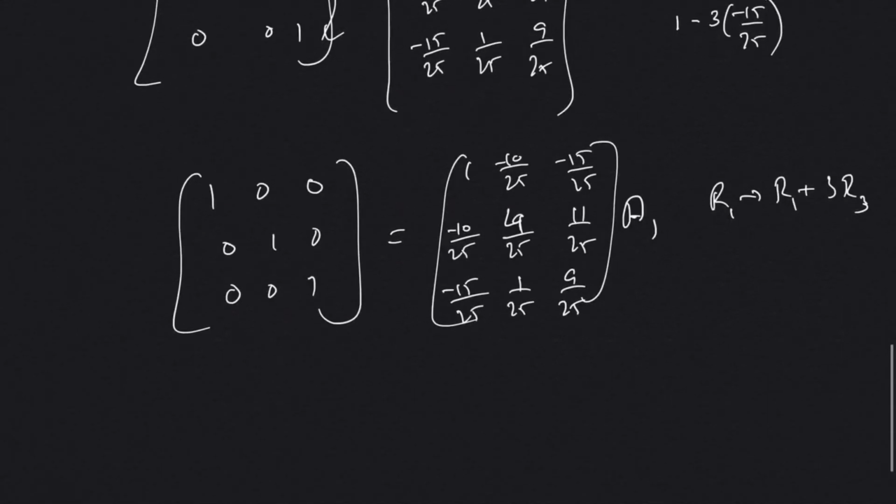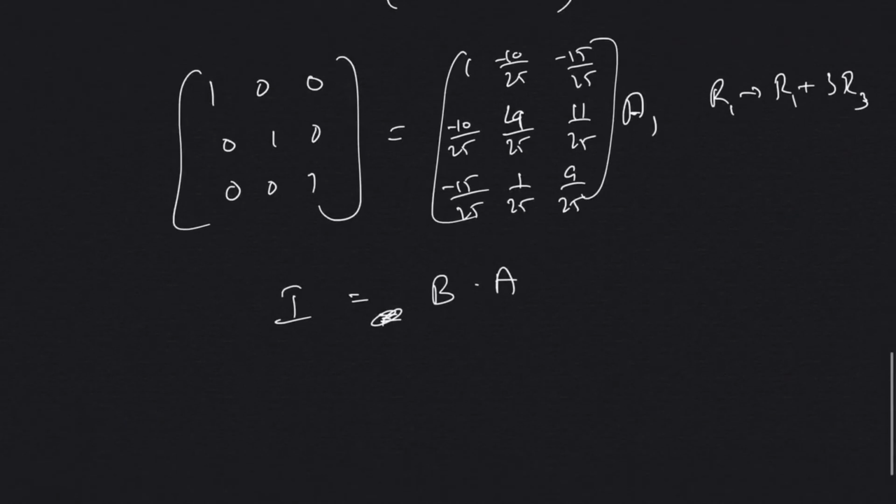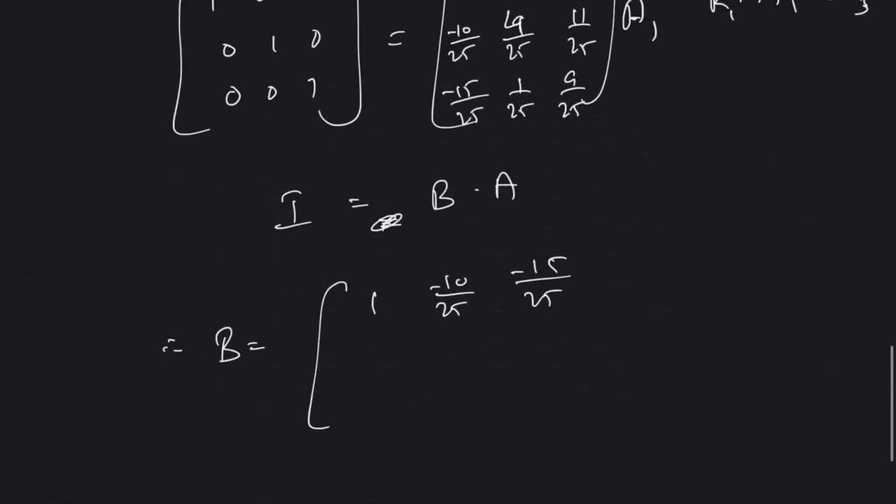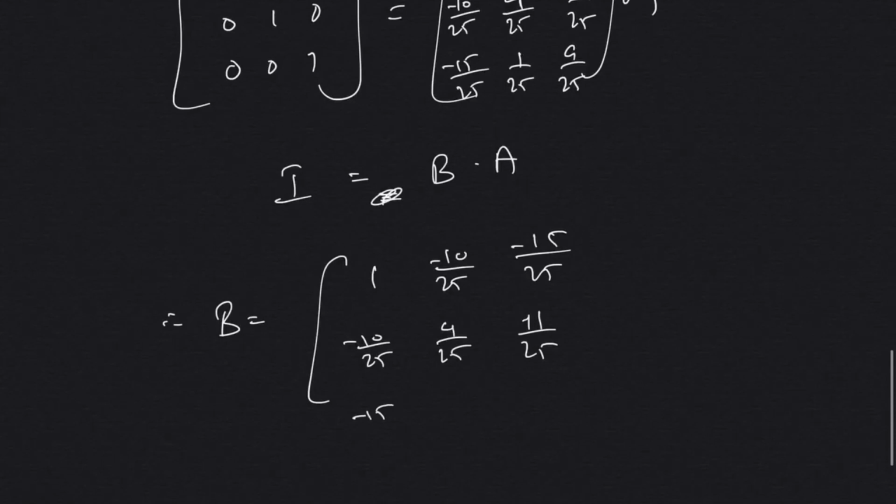So by now this matrix is in the form of I equal to B into A. So therefore our matrix B is 1, minus 10 by 25, minus 15 by 25, minus 10 by 25, 4 by 25, 11 by 25, minus 15 by 25, 1 by 25, 9 by 25.